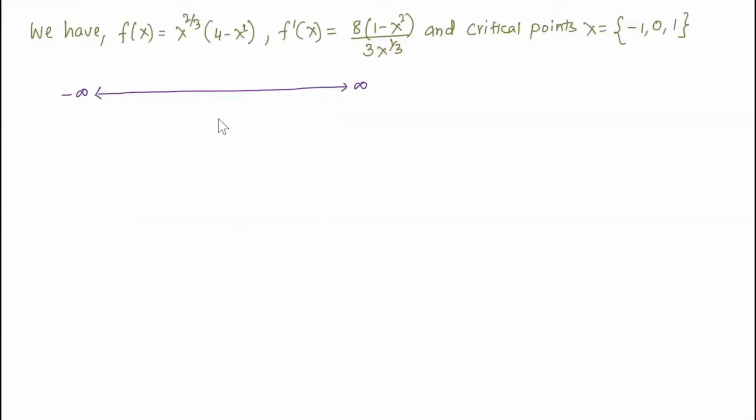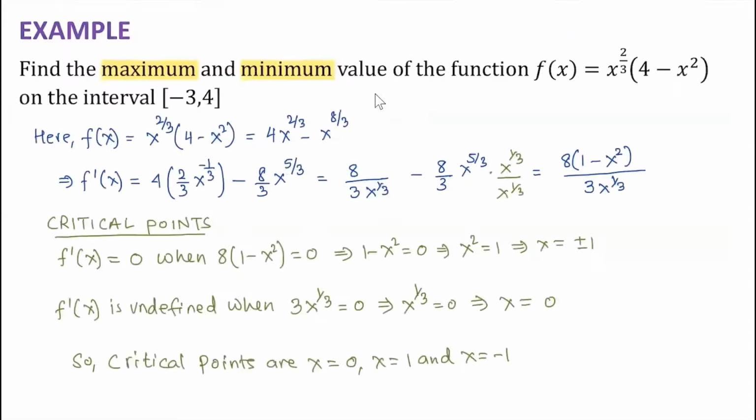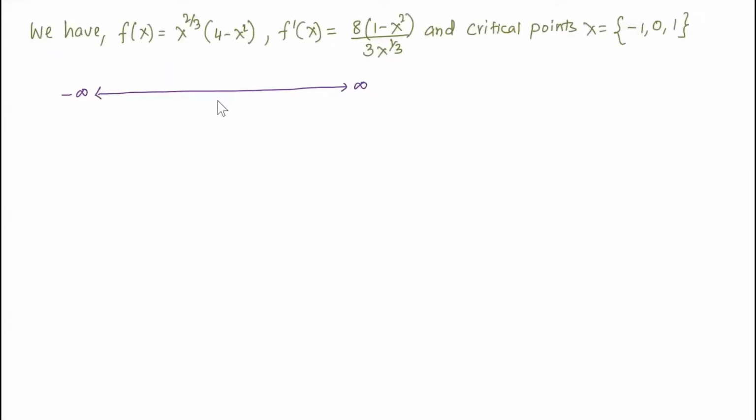So instead of going from -infinity up to infinity, in this case, we want to go from -3 up to 4. So we are going to redraw this, and we want to consider from -3 up to 4. So that's where we are studying this function for maximum and minimum value.